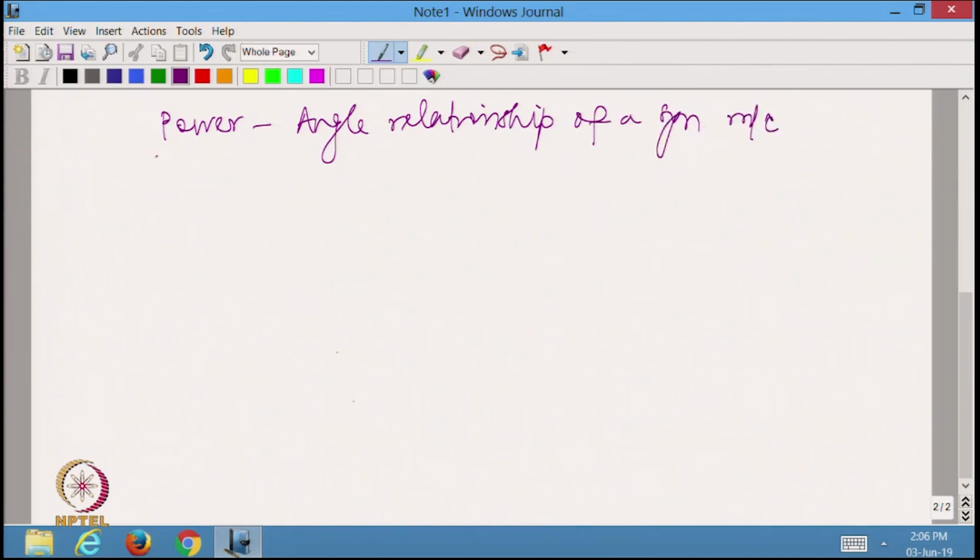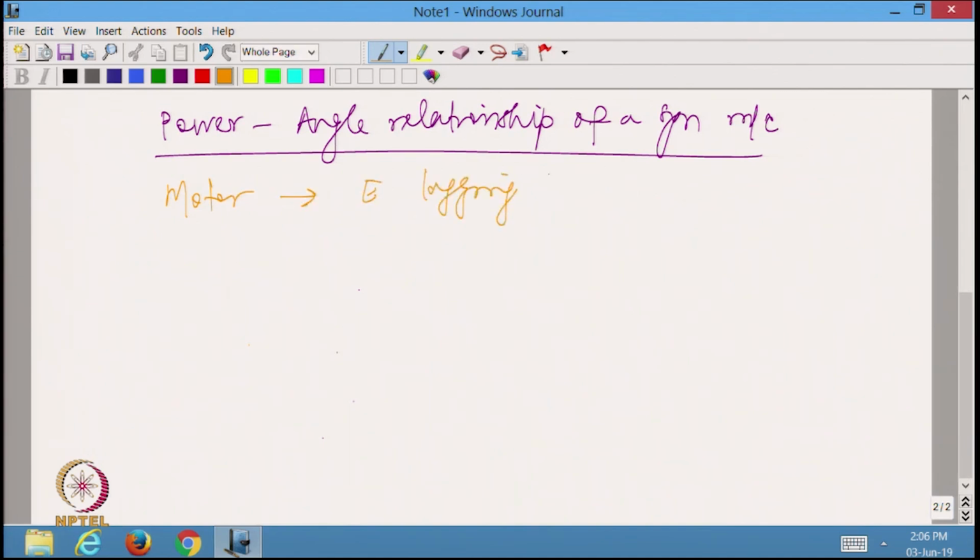I think we already said that if it is a motor, we are going to have invariably E lagging behind V, that is the rotor side flux. Because of that, whatever is the induced EMF E is going to lag behind V, which is the applied voltage.